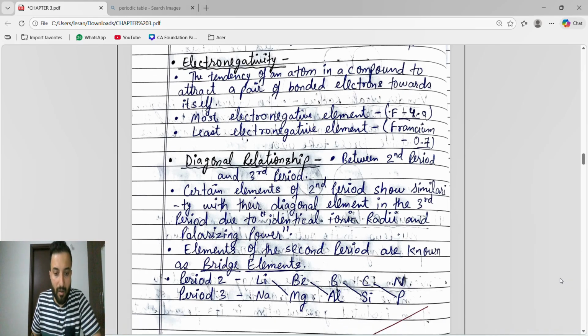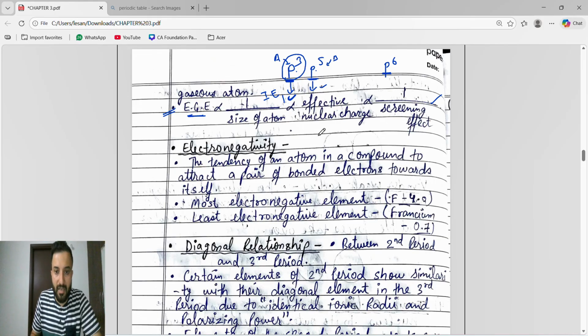As an example, suppose I take HCl, hydrogen and chlorine. Hydrogen and chlorine are connected with a single bond. Hydrogen has one electron, chlorine has one electron. Correct? In hydrogen and chlorine, which is more electronegative? We know chlorine is more electronegative. Electronegativity is the tendency of an atom in a compound to attract a pair of bonded electrons towards itself.